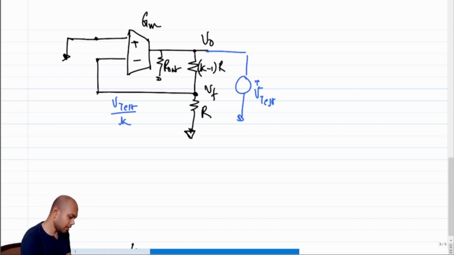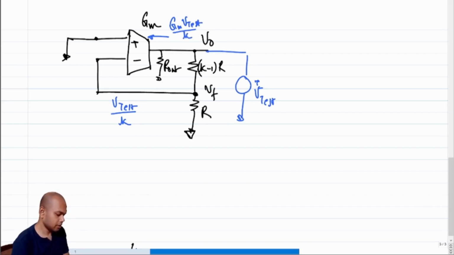So what is the current that is coming out of the GM? This is a voltage controlled current source. In this case, the V test over K voltage is appearing at the negative terminal, which means the negative current will come out, or in other words, the positive current will get sucked in. So the current that will get sucked in is GM times V test over K. Okay, so what is the total current, what is I test?